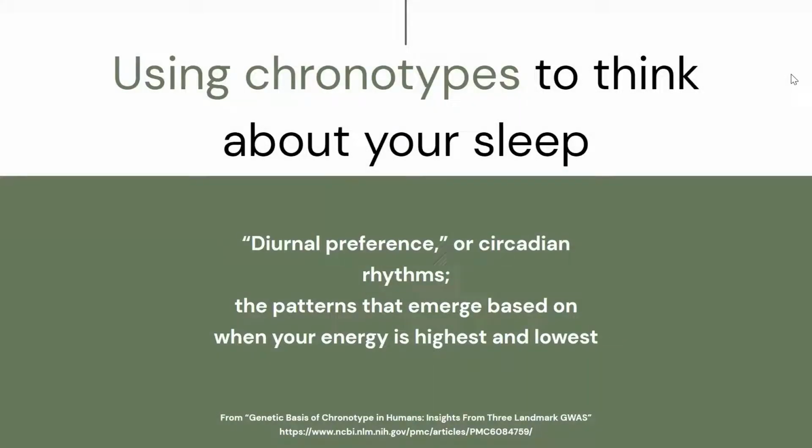So related to that, something that can be helpful to think about when assessing your own levels of productivity are chronotypes. Chronotypes are an idea of diurnal preferences. They're not exactly the same thing as circadian rhythms, but they're similar in that these are patterns that emerge based on when your energy is highest and lowest.